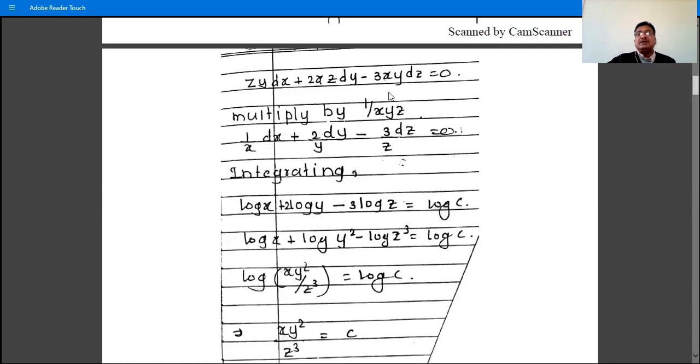If we arrange the coefficients of dx, dy, dz in this way, then we say it is three variable separable.